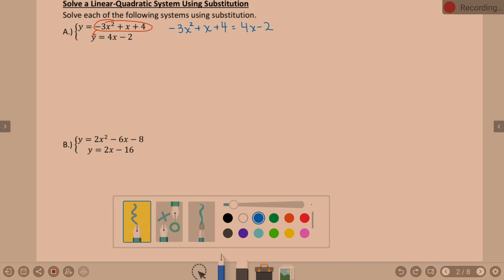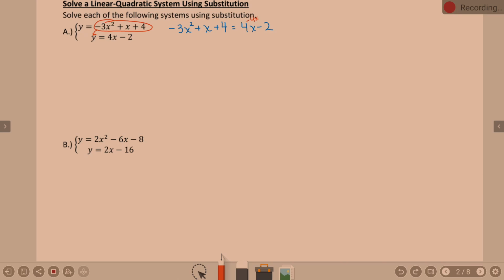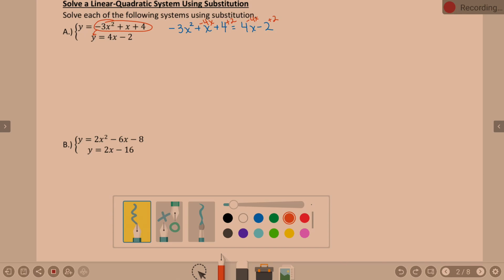Eliazine, you suggested subtracting 4x and adding 2. I'm all for it. If I subtract 4x on the right, subtract 4x on the left. If I add 2 on the right, add 2 on the left. Okay? Write out what you have. Still negative 3x squared.